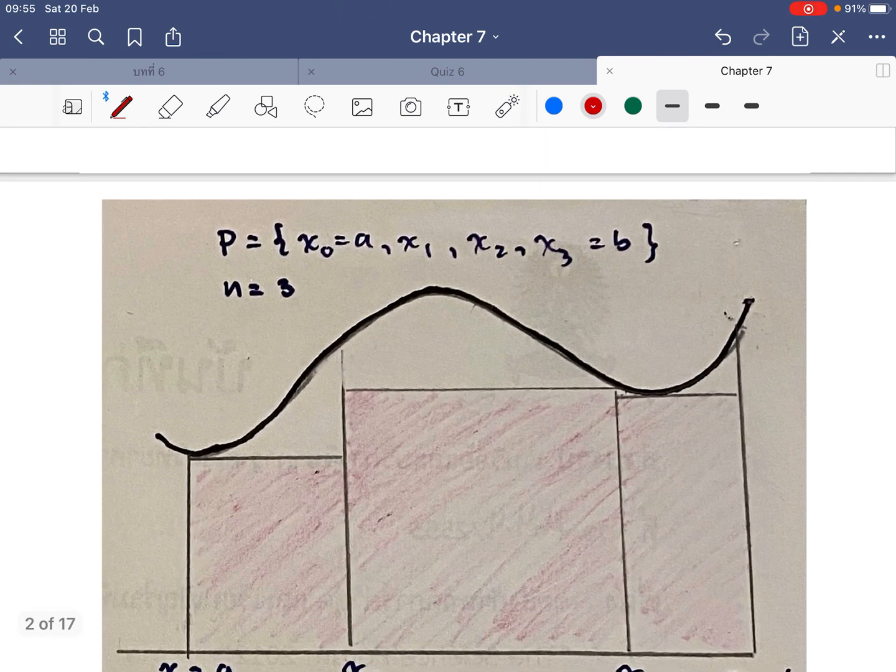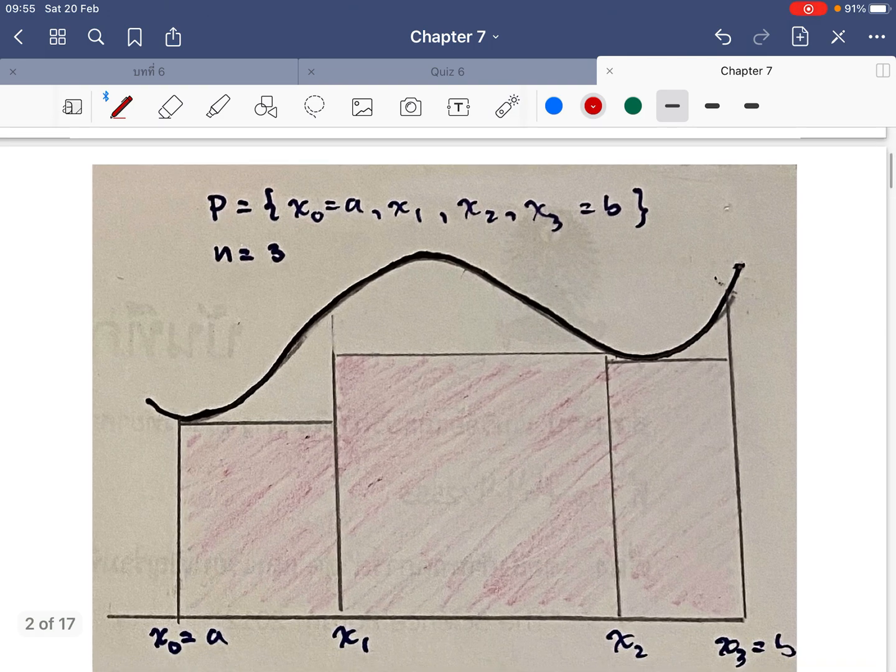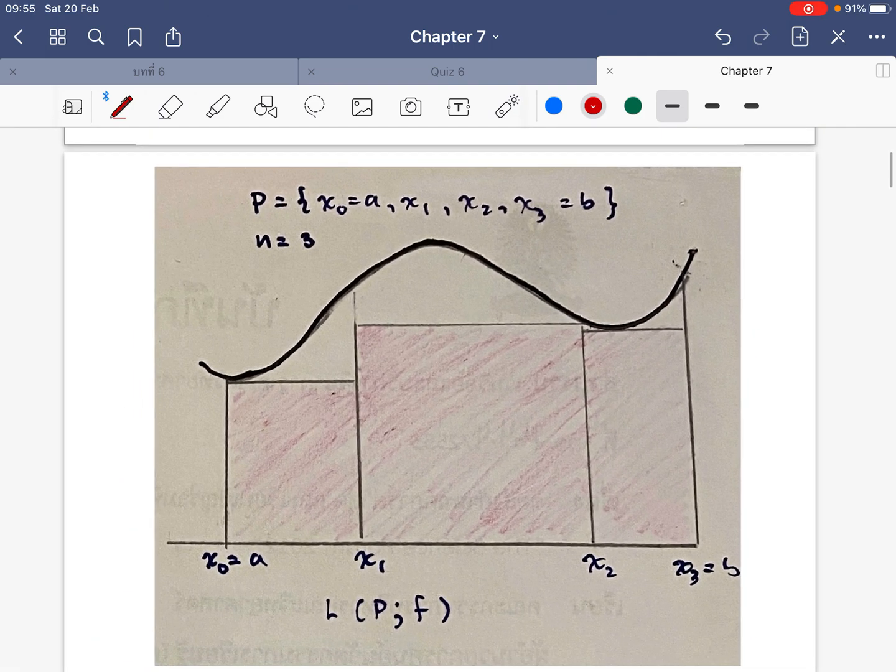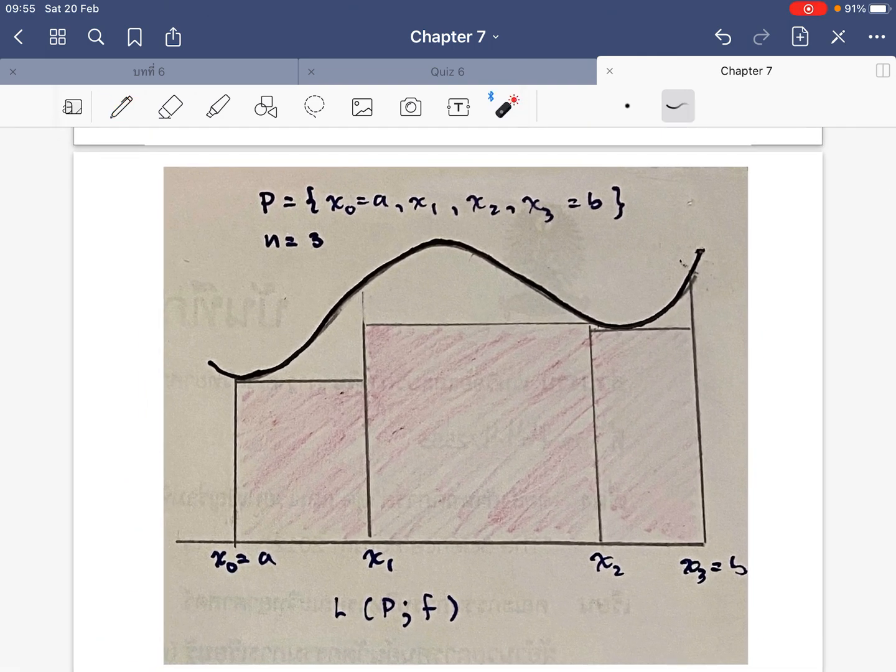So let's look at the picture for a moment. For example, this is a curve of a function here over the closed interval from A to B, and then we subdivide this interval into three pieces. So right here is your x1, right there is your x2.